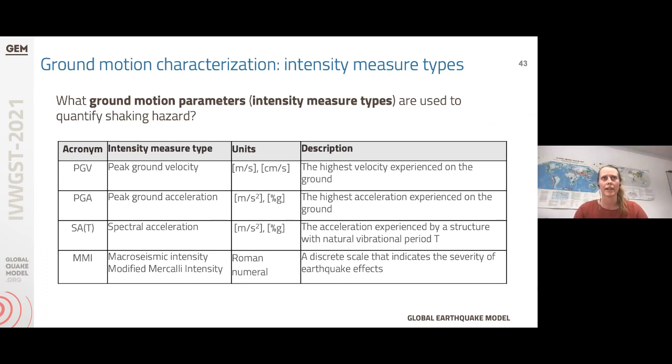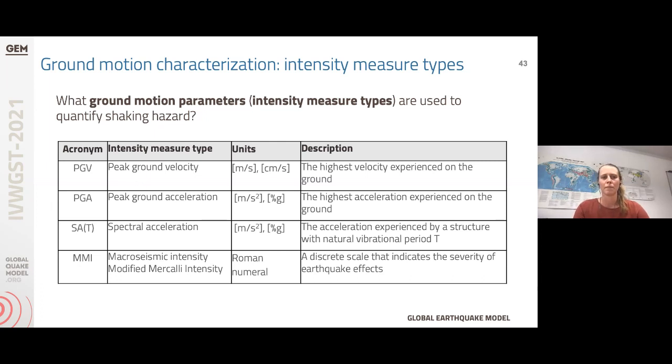So let's start by looking at the ground motion parameters that we use to quantify shaking hazard. Four of the common intensity measure types are listed here. The first two correspond to peak ground velocity and acceleration.